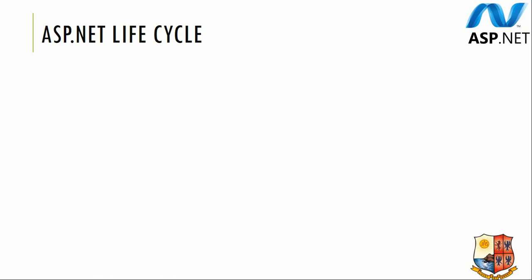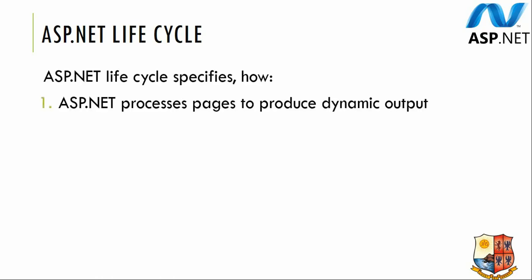It's just an idea. It specifies how ASP.NET processes pages to give you that dynamic output. This life cycle will tell you the steps in which it works, and normally we use it purely for theoretical purposes. But in some scenarios, you might require one or two of those methods in your program also, like how you learned the activity life cycle.